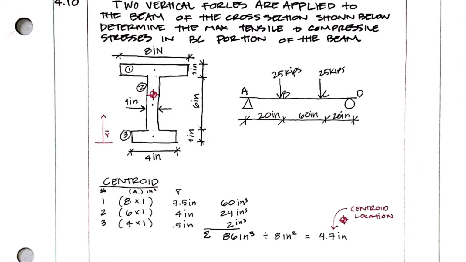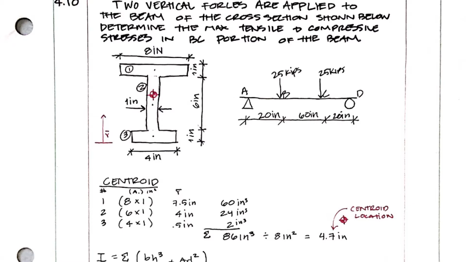So our centroid is located 4.7 inches from the bottom. With this location, we can find our I values, and we have a neutral axis on which all of our equations are based.